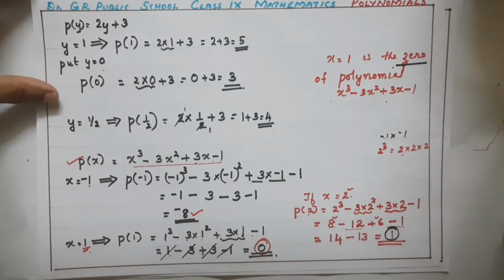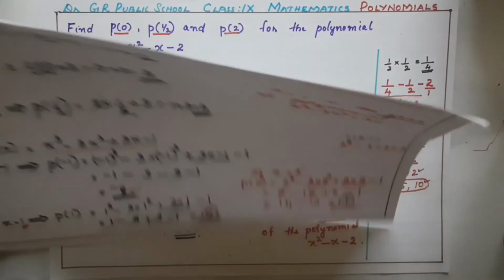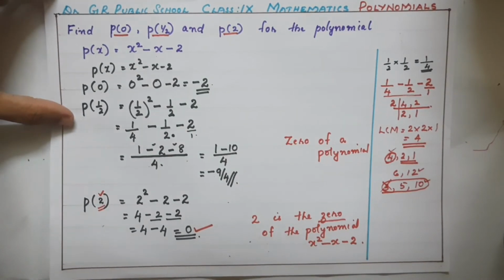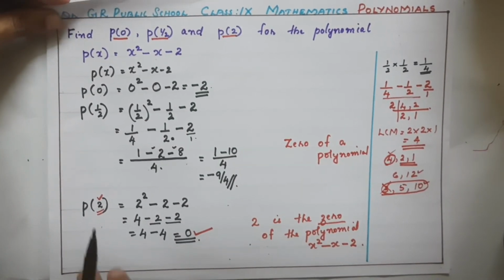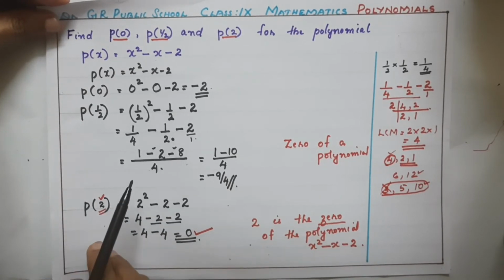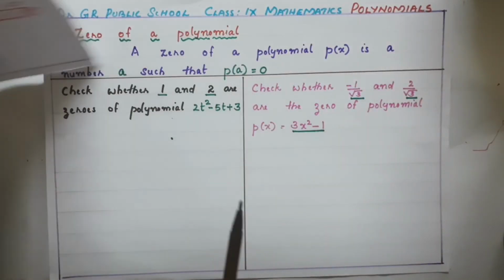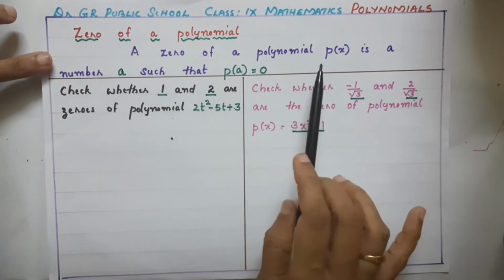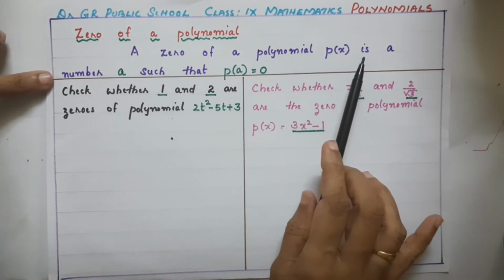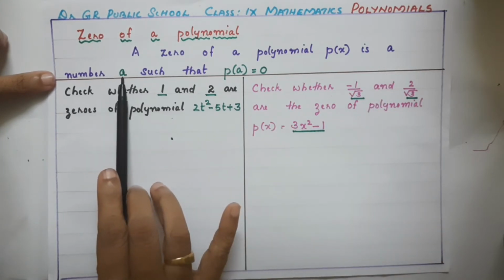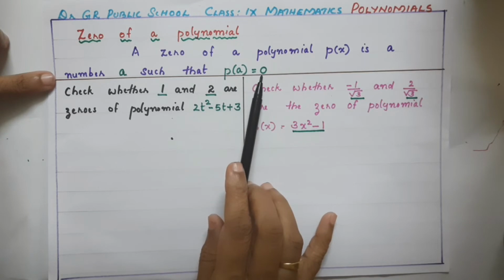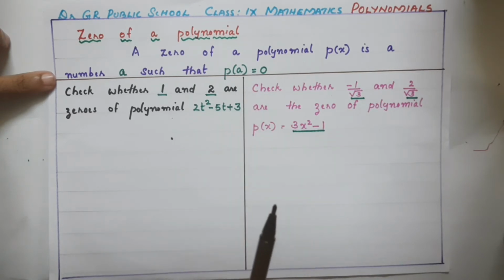So what is called a zero of a polynomial? Okay, children? A zero of a polynomial P(x) is a number a such that P(a) is equal to 0.